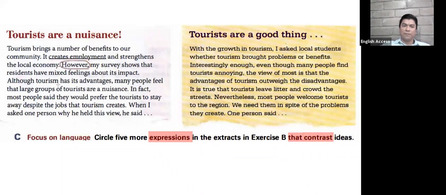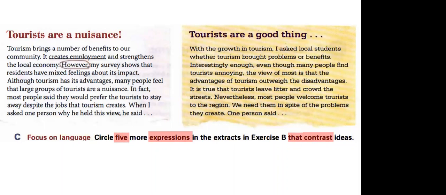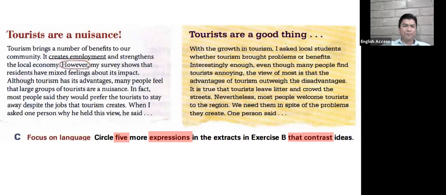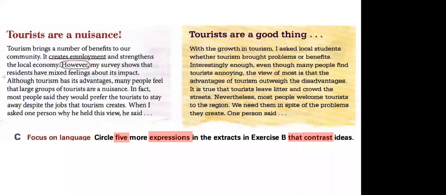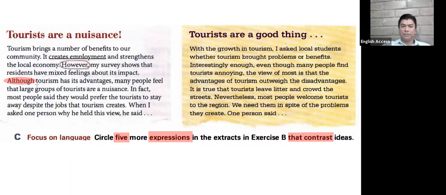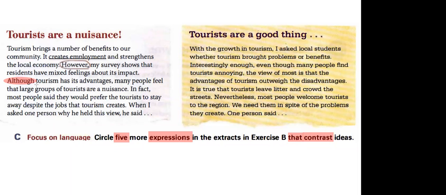What are the expressions? We need to find five expressions that contrast ideas. Although, where is it? The first paragraph. Although tourism. Although, one more. Despite, where is it? Despite the jobs that tourists.